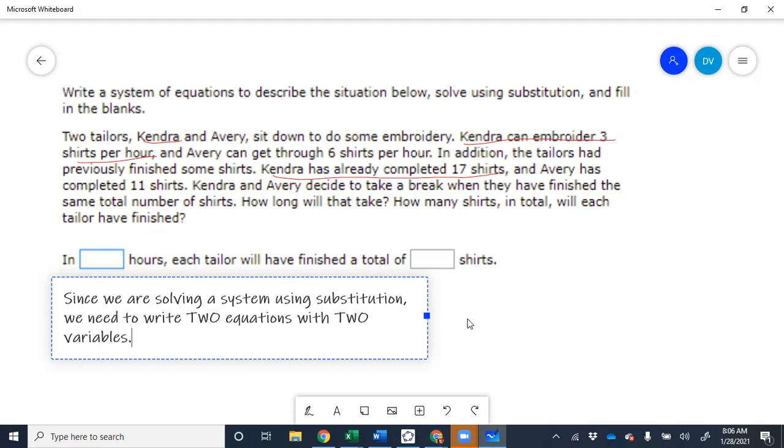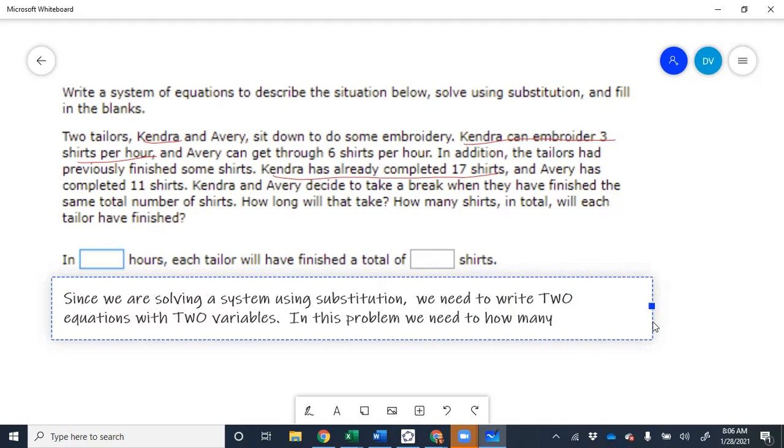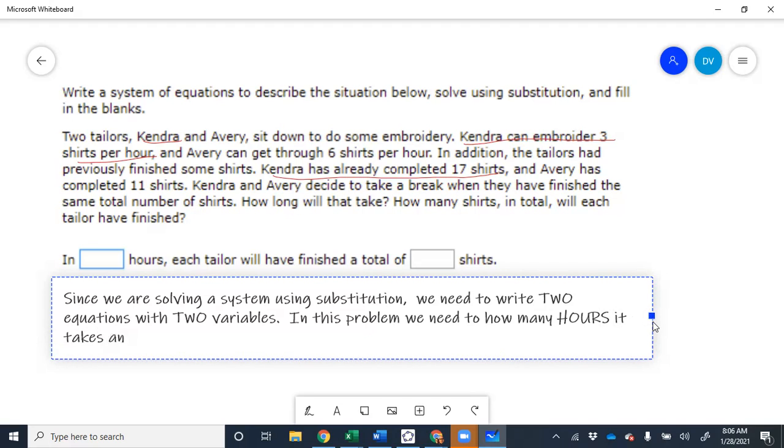In this problem, we need to know how many hours it takes, and how many shirts.